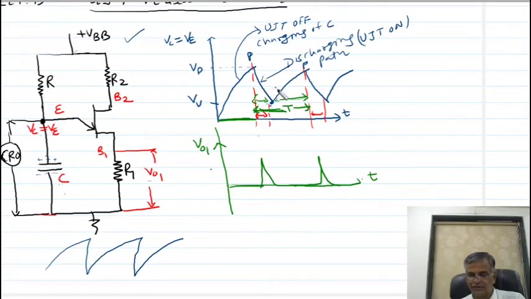I want to derive the equation of capital T. So what will be done? During the charging of the capacitor, the UJT is in the off state. During the discharging, the UJT is in the on state. So for the charging, you can write the equation in this way.